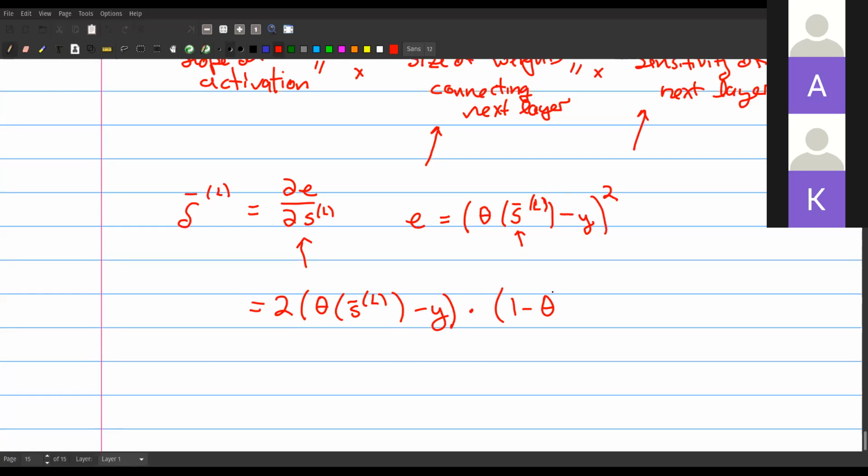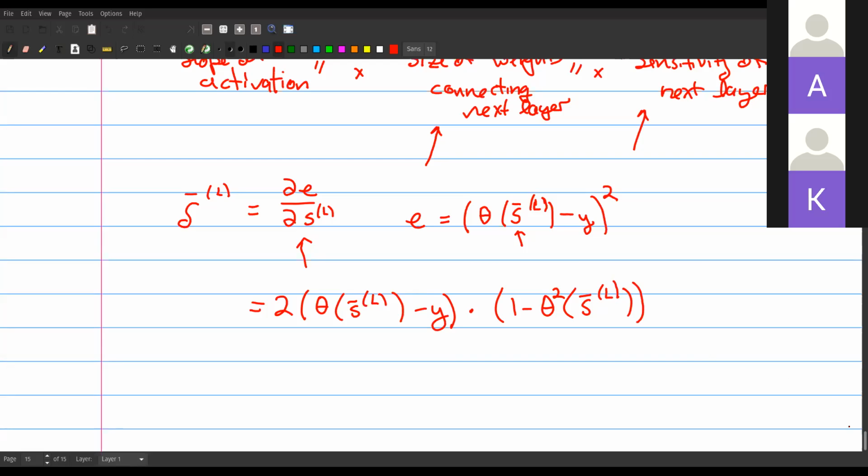So this assumes now that hyperbolic tangent is the activation function. If it's not, then the formula will be different. But this is the only place where the activation function actually comes in to the formula. So it's really easy to swap out activation functions. You just have to change this a little bit.